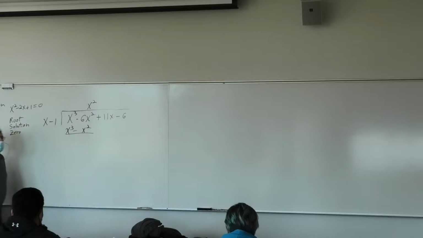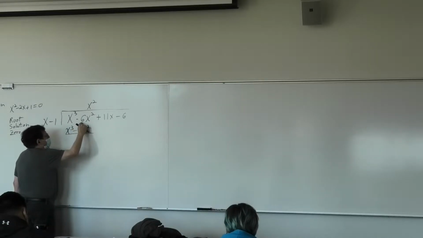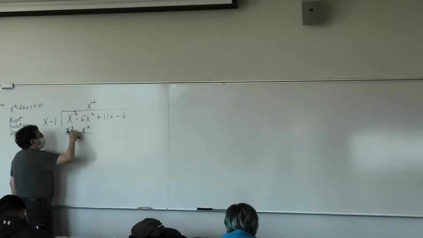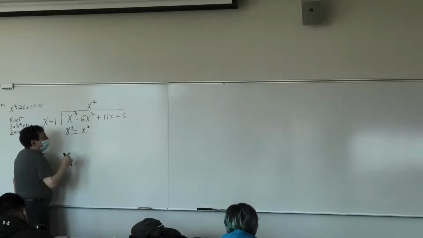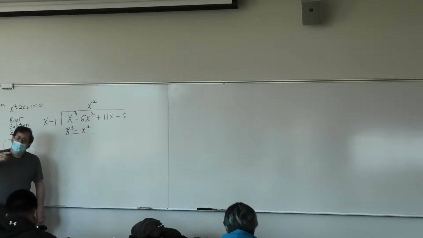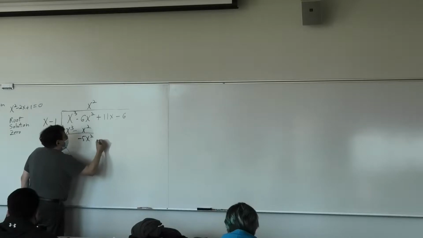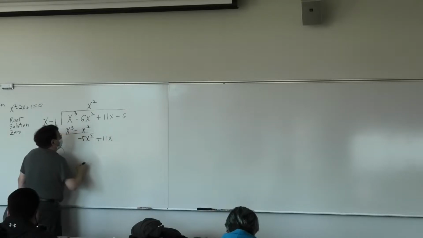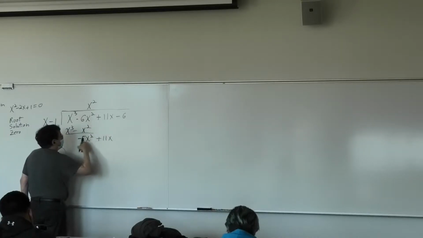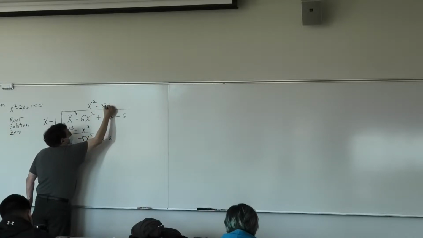Here's the part that gets people messed up. -6 minus -1 is -6 plus 1, so -5x squared plus 11x. We bring this down. Minus 5x.